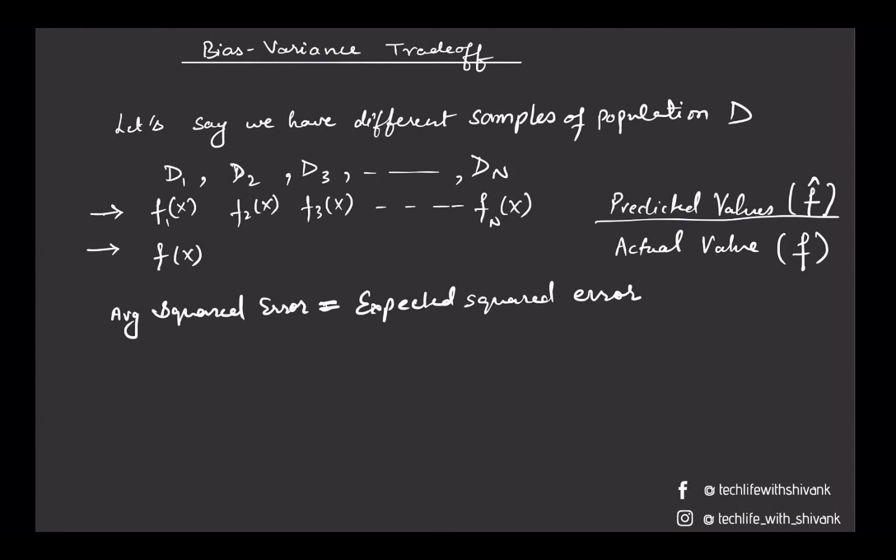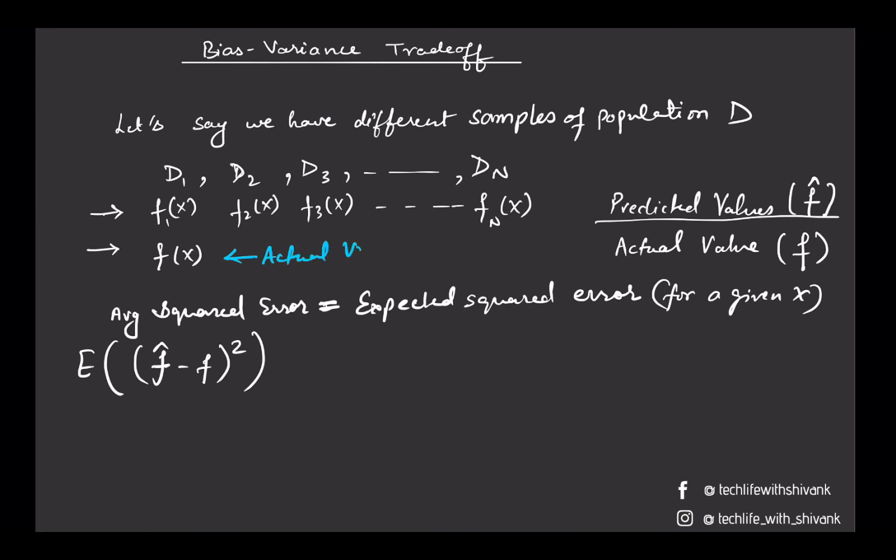So the average squared error at any given point x can be written as expected value of f dash minus f whole square, where f dash is the predicted value and f of x is the actual value, which is a constant given x.